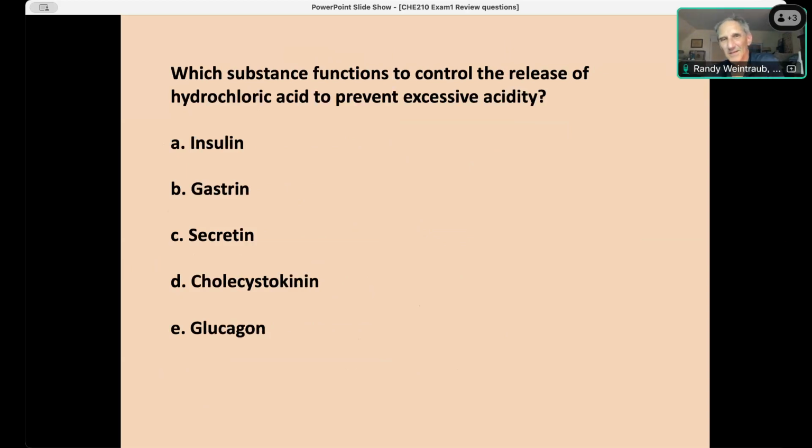Which substance functions to control the release of HCl? That's one of the hormones, and that is gastrin. You should recognize the others.